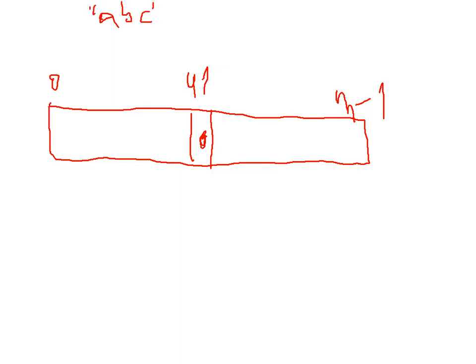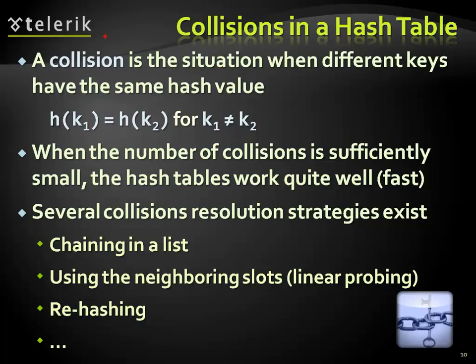You did a hashing function on ABC, and it mapped to this position over here. And you see that this position is full. What do you do? Well, you do the hashing function again, but not on ABC, but on 41. And you get something different, for example. Again, this is not a very reliable method. There are optimizations for it, but what you mostly use is just chaining in a list.